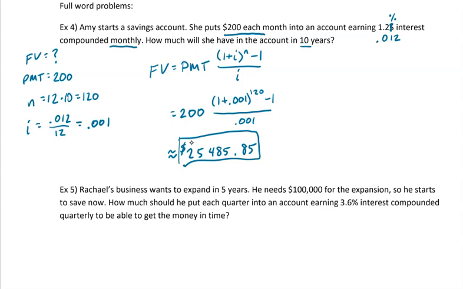Now, that doesn't necessarily mean that Amy actually earned that much, because remember, she put $200 each month herself. So, just as a little side note, if we did want to find out how much she actually earned, so how much interest she made on it, all we would have to do is take the amount that she paid, multiply it by our N, so the number of payments, which was 120.